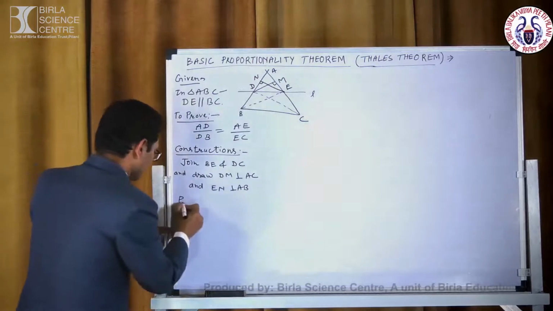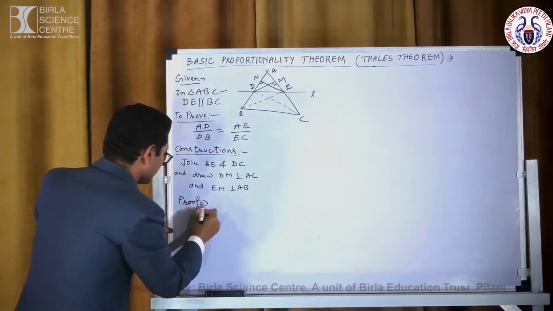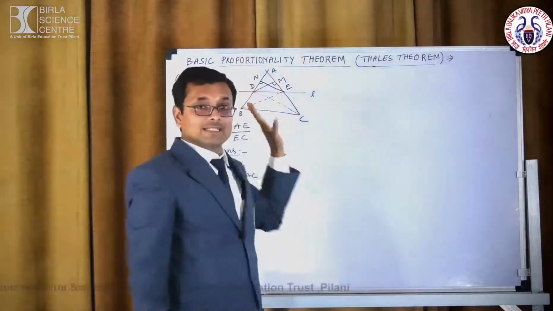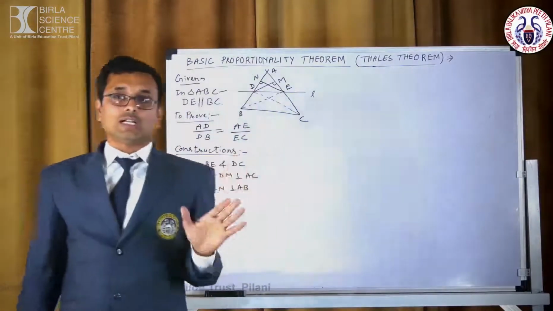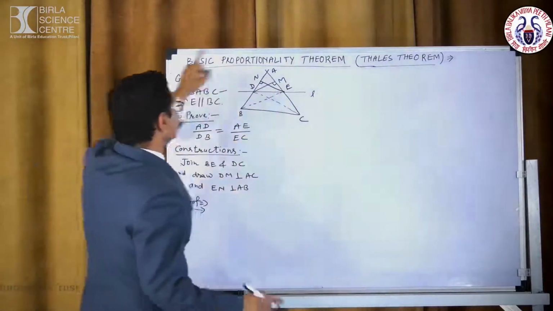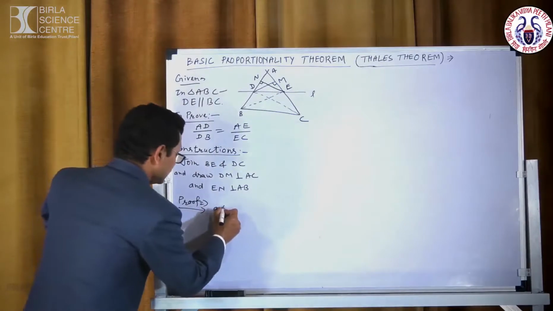Now we will prove. What is the proof? We know that area of a triangle is equal to half into base into height. So first we will find the area of triangle ADE.